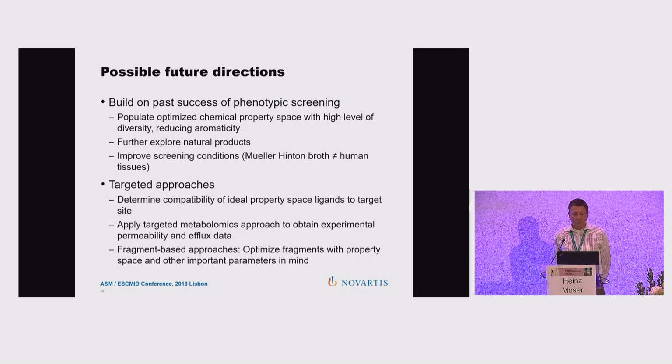What we need to do is really populate the optimized chemical property space. And I can tell you, we've done experiments with the Novartis archive, which is huge, creating certain small libraries, optimizing them for sp3 characteristics, the polarity space that I showed you, and basically making libraries in silico, with the result that not a single compound, all assembled from commercial building blocks, was present in our archive.